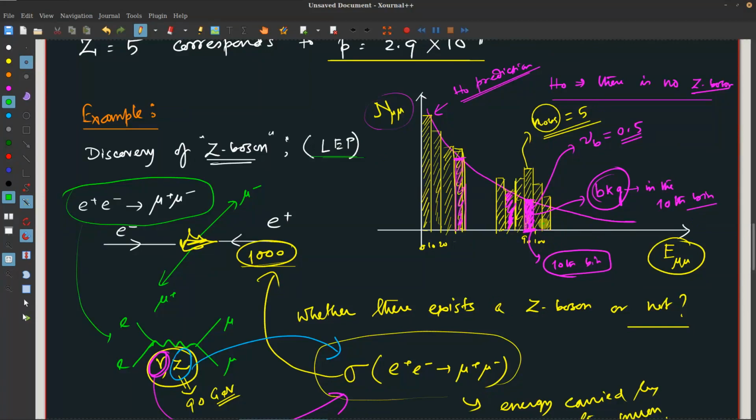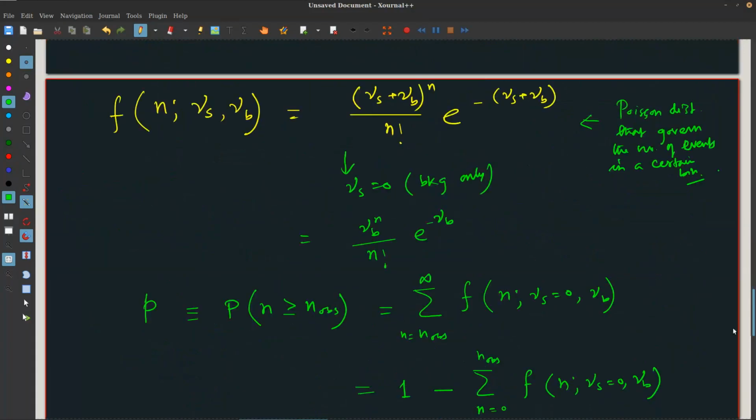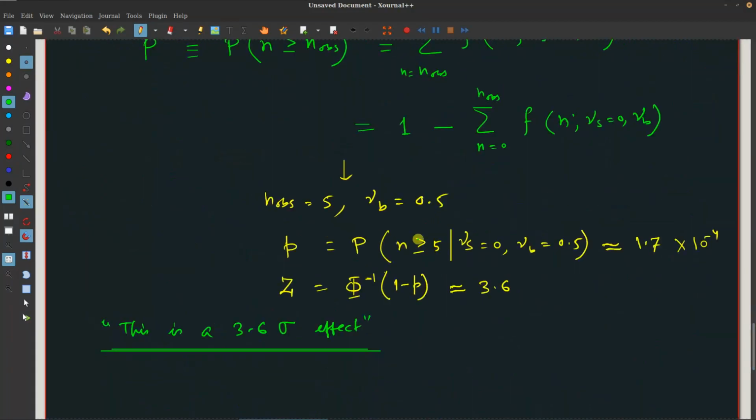Okay, so that means there is a probability of 10 to the power minus 4. What did I write here? That it is a statistical fluke. It is small, but it is not small enough that I can rule it out. Okay. Is that clear? Yes. Yeah.